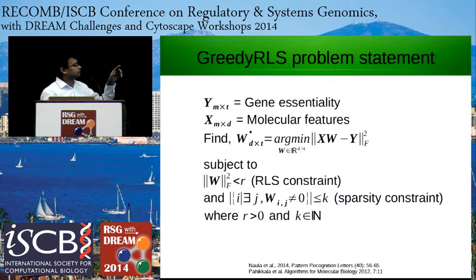The objective is to minimize the difference between X times W and Y, subject to the RLS constraint, which is the L2 penalty, and the sparsity constraint, which basically means that we want to have at most K rows where we have one or more non-zero coefficients in the columns.